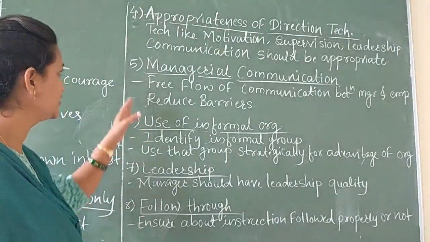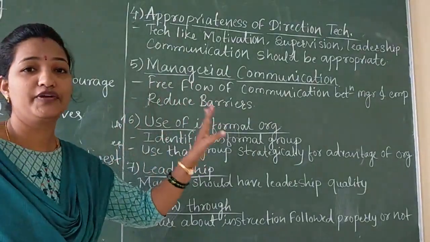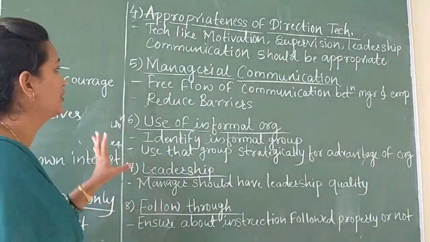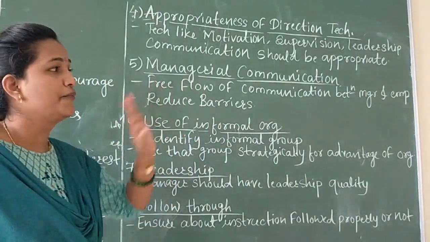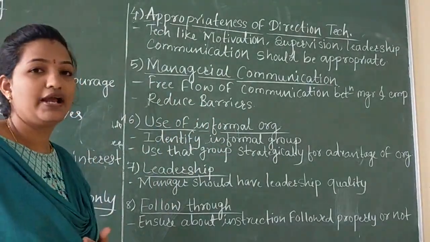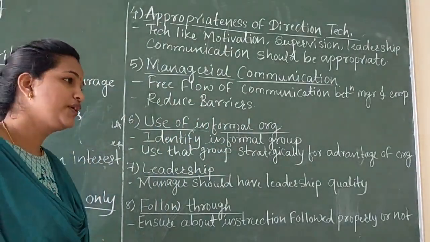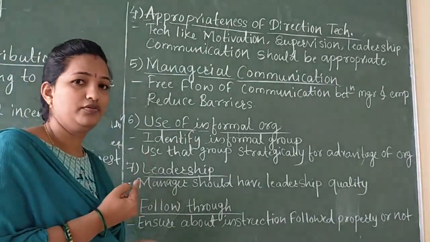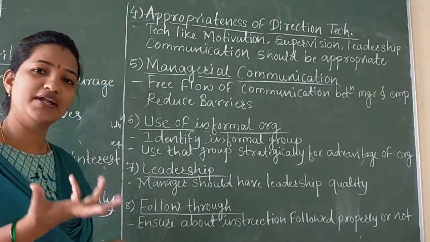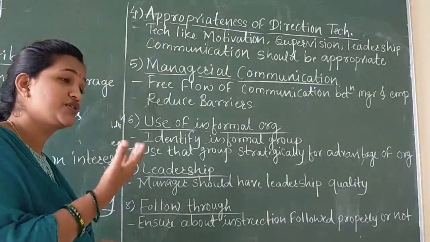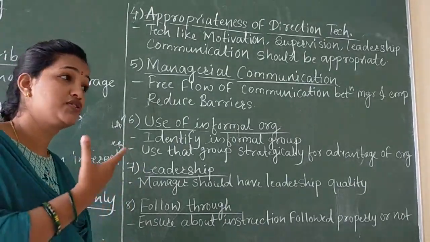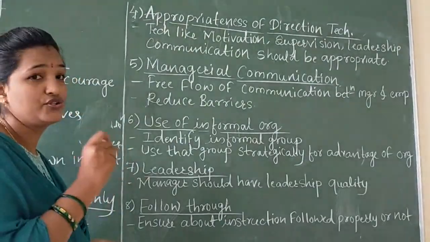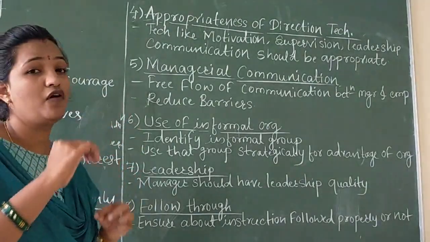Okay. So the next technique is managerial communication. Managerial communication. So free flow of communication between manager and employees. Who gives the instruction? Manager only. So the instruction given by the manager, otherwise supervisor, should have free flow of communication.